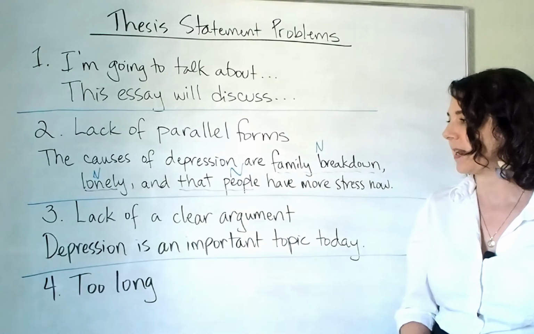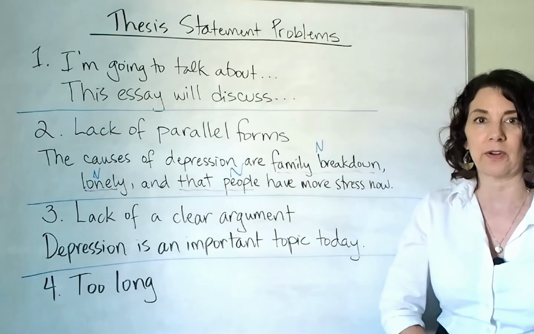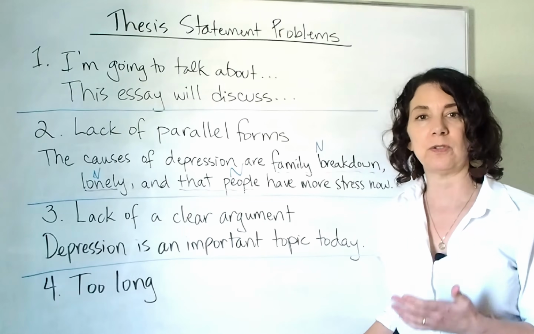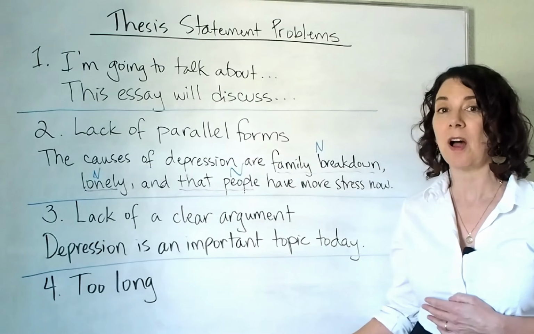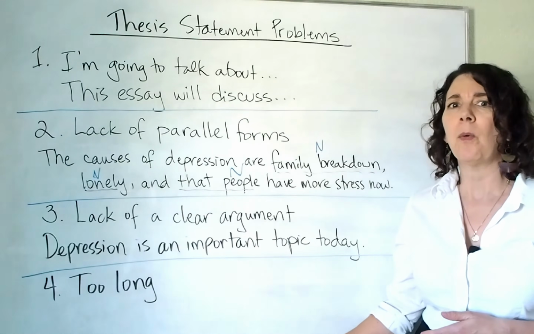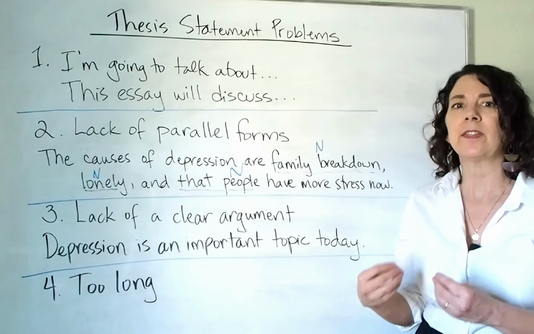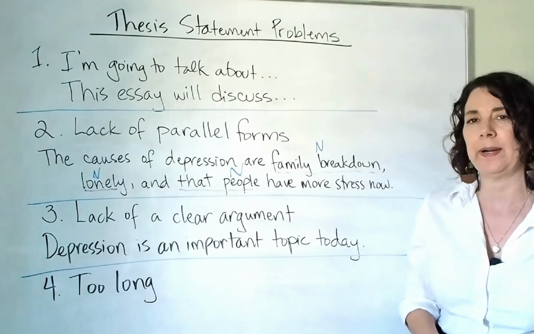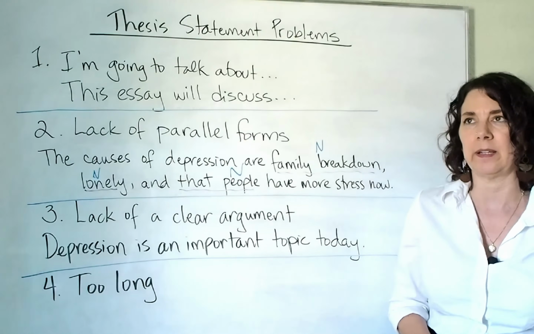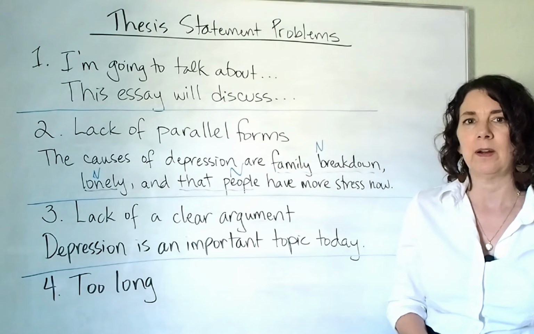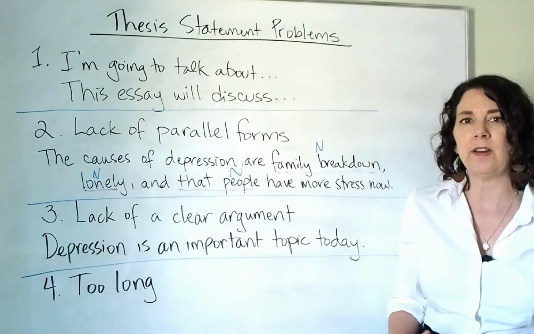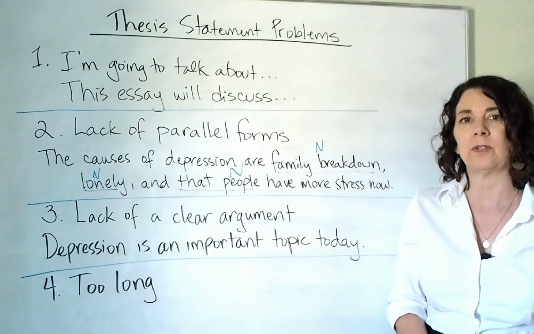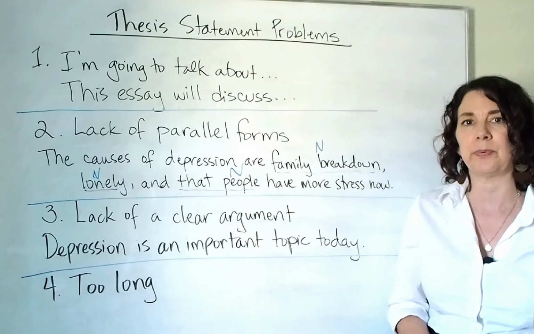All right, number 3, a lack of a clear argument. So remember that the thesis is going to show what you want your reader to learn. And the idea should not be too obvious, or it should be something that the reader can actually learn something from. But if we see this, depression is an important topic today. Well, what's your argument? What do you want me to learn? I already know it's an important topic. This thesis statement does not include an argument that the student can prove.